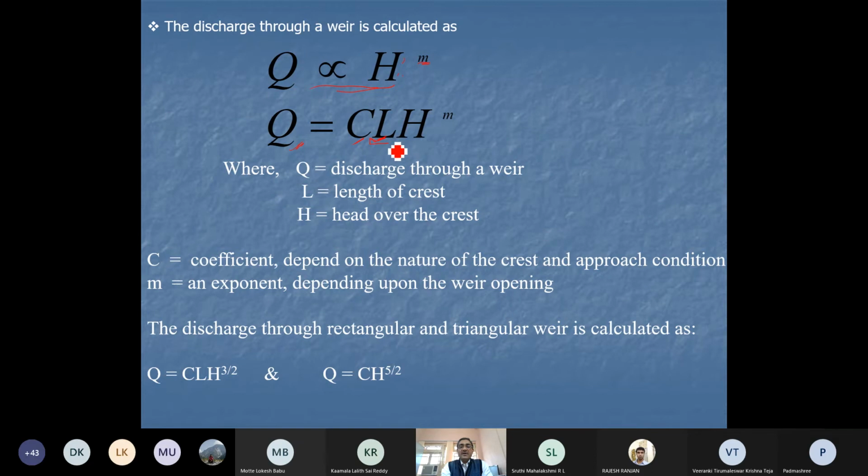L is the length of the crest if it is a rectangular weir, h is the head over the crest, and m is an exponent that again depends on the weir opening, whether it is rectangular, triangular, or trapezoidal. So this is the Francis formula for the rectangular weir, and this is for the triangular weir.